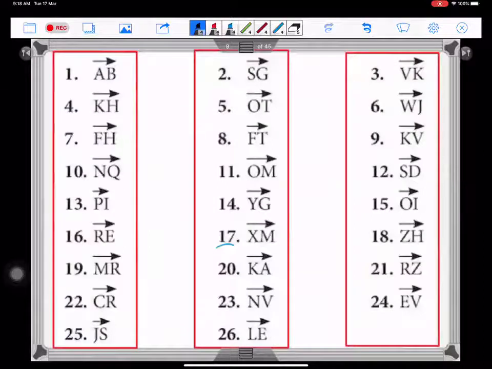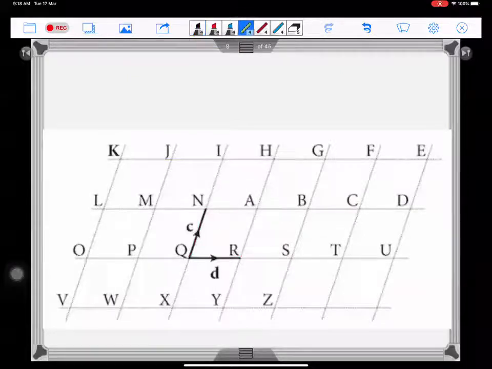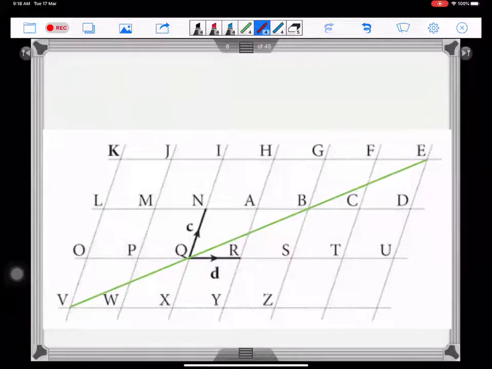Similarly, if I need EV, this one. So EV is going from E till V. That's a long way. This is the resultant. That means first go in the direction of C. So this is 1C, this is 2C, this is 3C. Of course, 3C with a negative sign because you are going down.